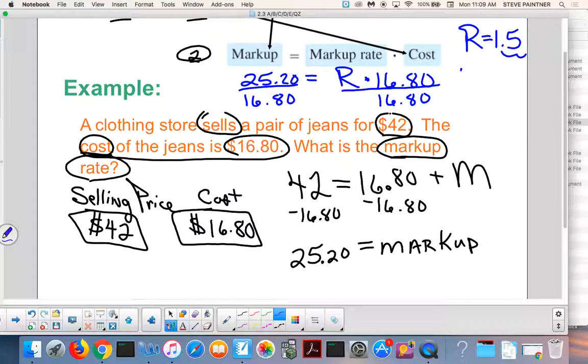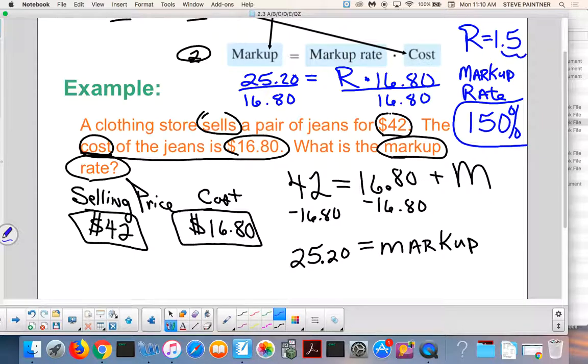Your markup rate is 150%. You always move it twice.